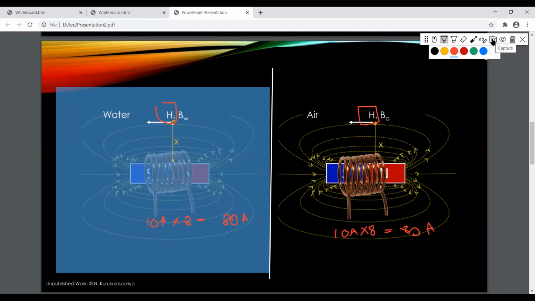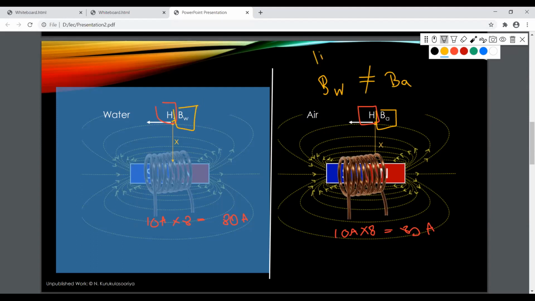But if you think of the magnetic flux density at this point, when you compare the water and air, it's not the same. They are going to have different values. If I say for water it's BW and for air it's BA, BW is not going to be equal to BA, right?